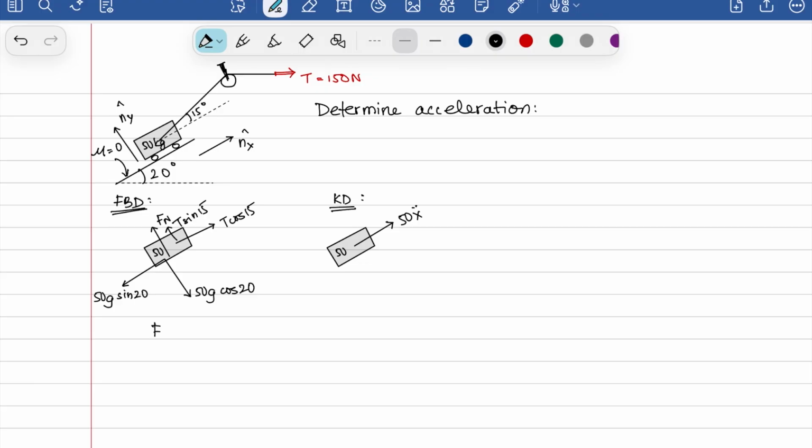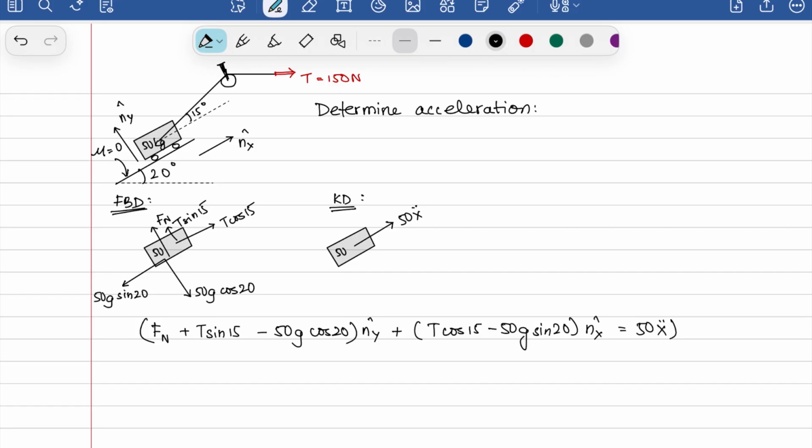So I can write Fn plus T sine 15 minus 50g cos 20 along the n y hat direction plus T cos 15 minus 50g sine 20 in the x hat direction is equal to 50 x double dot in the x hat direction.